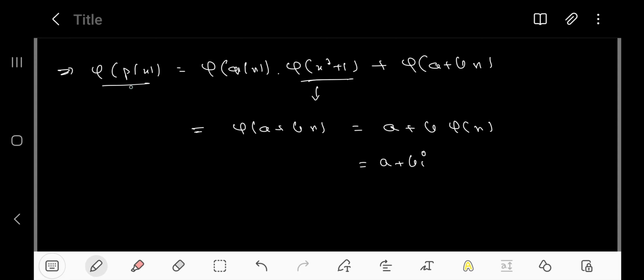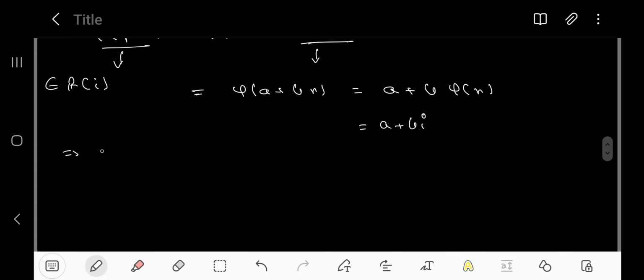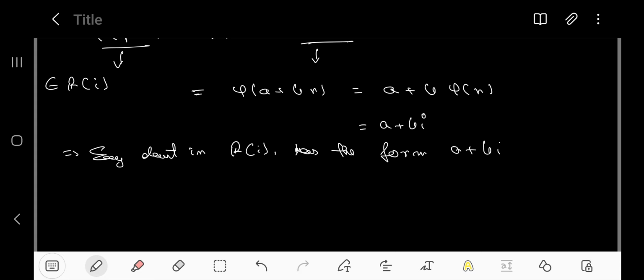Clear? And phi of p(x) is in the field R(i). We are just using the notation I now, because we already know what I is. Clear? So that means every element in R(i) has the form a plus bi, and that is all what we actually needed to do.